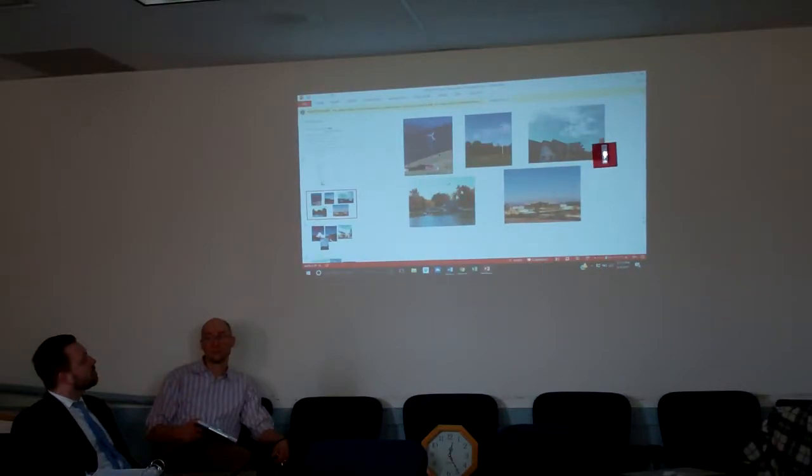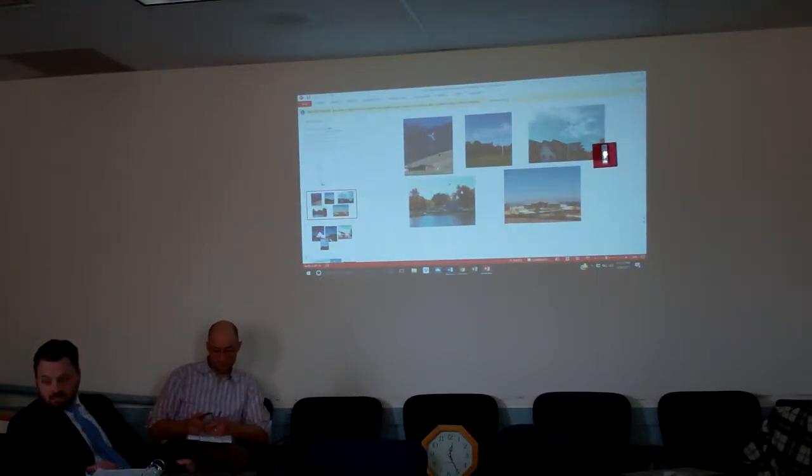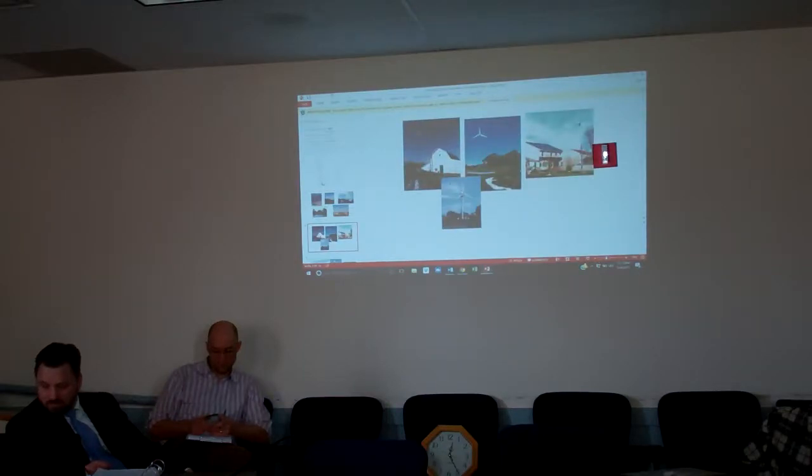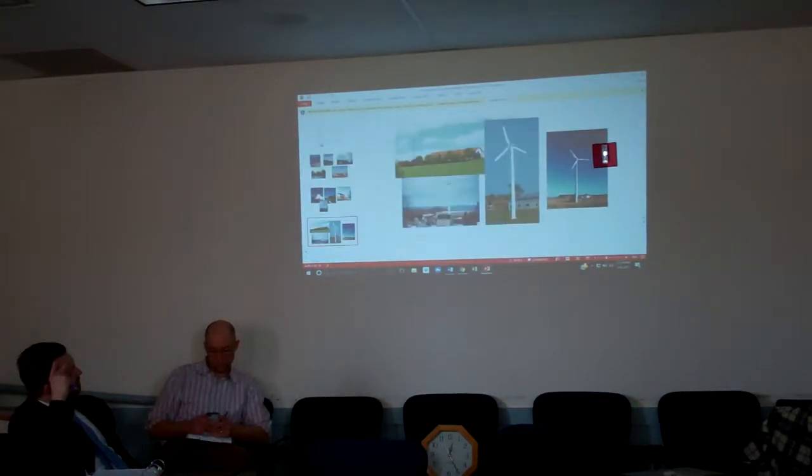We're all using modern software, such as WindPRO or DNV software, etc., to show this in a graphical way, and that's not too hard to do. So you can see farms and houses, etc. This is what small wind turbines look like.